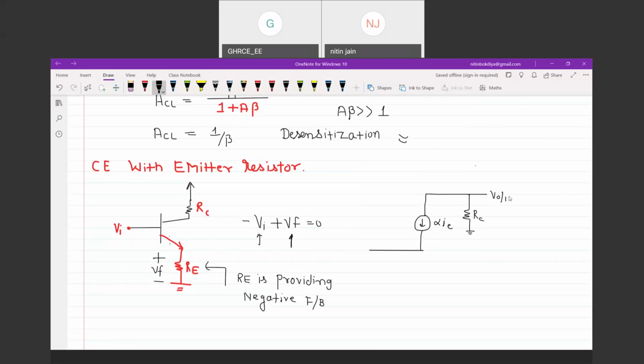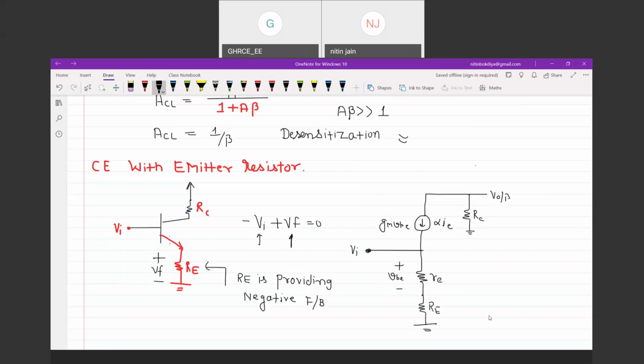This is V out, or you can say this is gm into VB. This is another value of collector current. Collector current will not change. Then we are having one RE. This potential is VBE. Then we are having RE. This is our Vi. This is the whole idea for the circuit.